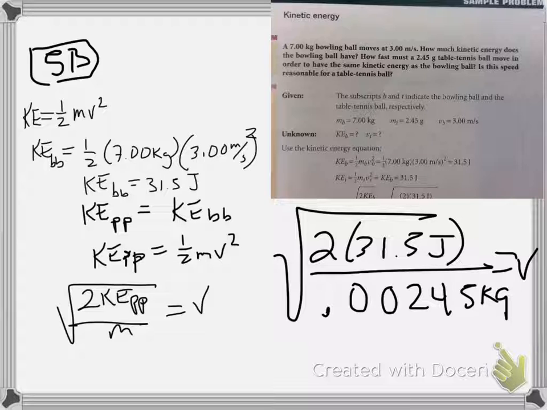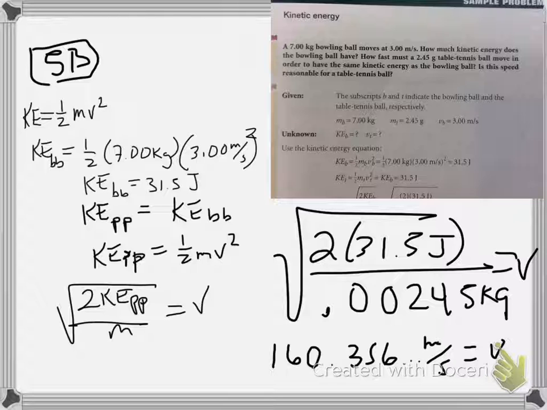There. So we get the square root of 25,714.28, blah, blah, blah. We get a velocity of 160.356 meters per second.